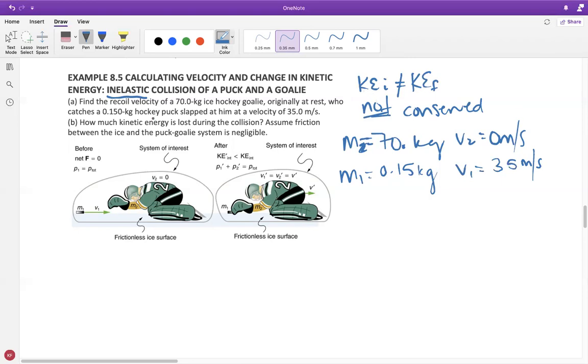So again, we want to know the recoil velocity.